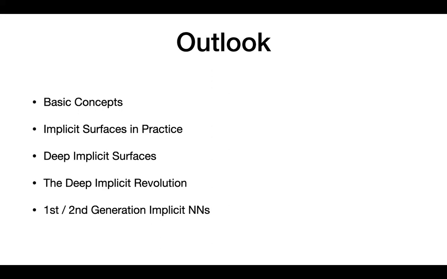Then we're going to discuss implicit surfaces in practice, how we use them, and how to take these concepts and the practice of implicit surfaces and put them into deep neural networks. It will be like deep implicit surfaces. And then I'm going to give a historical perspective of how that all started. That was the deep implicit revolution. And I'm going to talk about the first and second generation implicit neural networks.